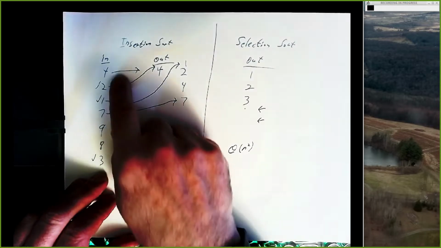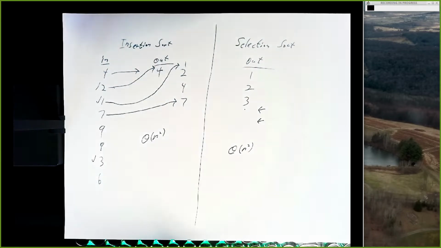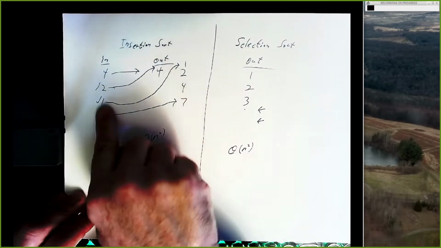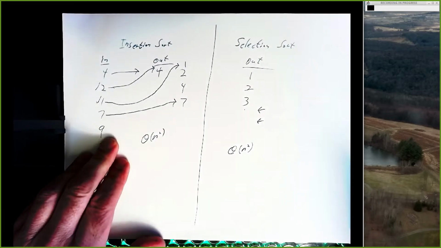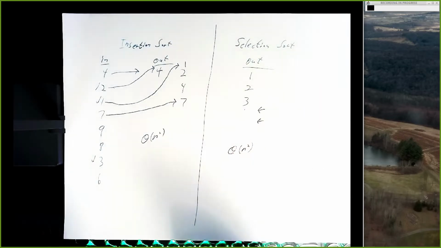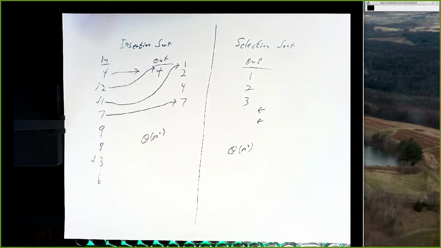I take papers from the top of my input stack and I place them into an output pile in sorted order. And so I just pull the next paper off the top, but I decide where does that go in my output. If it's a P, it goes between M and R. And so I seem to do an insertion sort.